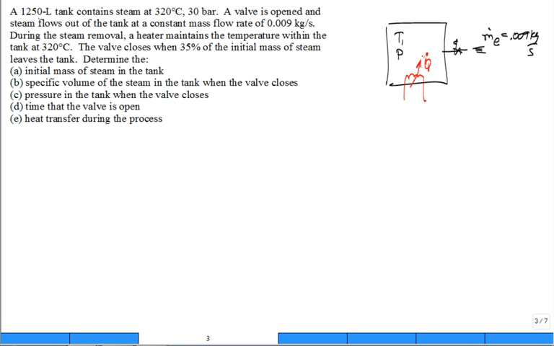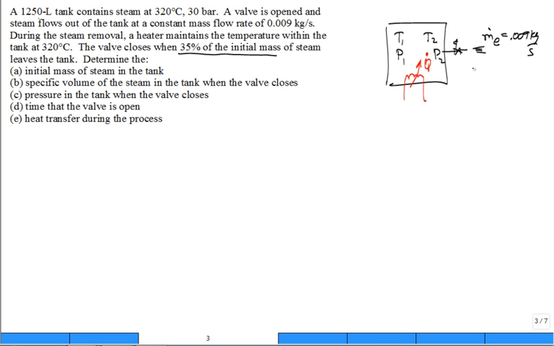And it's able to maintain the temperature such that the temperature stays at 320, even though some of the steam is leaving. So you think about the initial temperature T1, the final temperature T2, the initial pressure P1, the final pressure P2. The valve closes when 35% of the initial mass of the steam leaves.